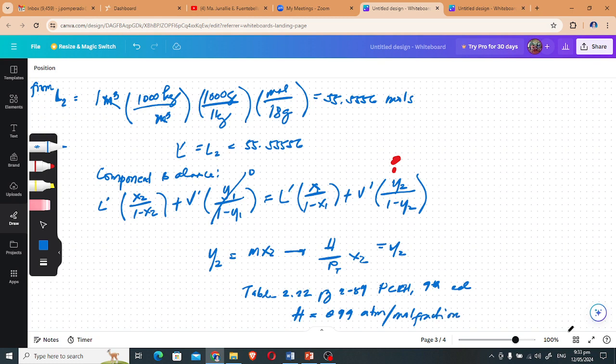So using this, we can determine already our y2. We know already x2, so y2 will just follow. So I'll just place it here to make use of the space.